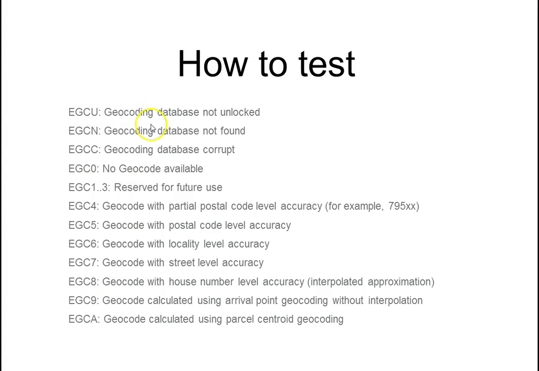If you have a database which is unlocked, it will show status as EGCU. If your database file is not found, it will show EGCN. If it is corrupted, it will show EGCC. If geocode is not available, it will show EGC0. If you have configured arrival point geocoding, you should make sure that you get the answer EGC9. If you have configured parcel centroid geocoding, the status should be EGC8.